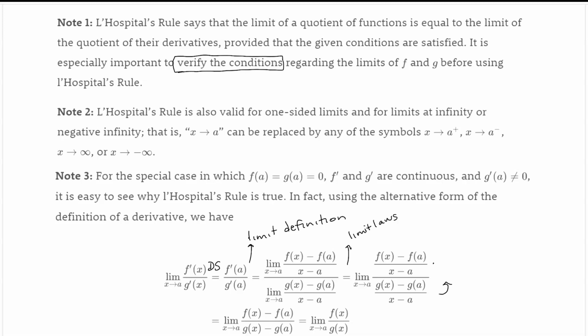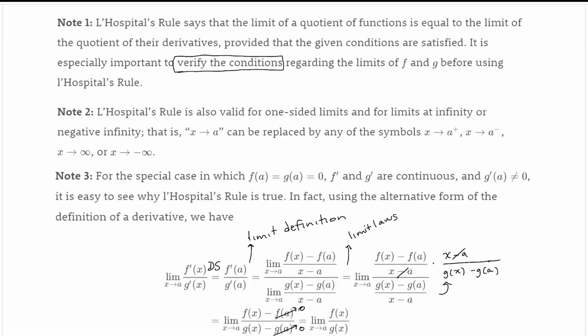And then they're doing some algebra, and saying dividing by g of x minus g of a over x minus a is the same as multiplying by its reciprocal. So dividing by a fraction is the same as multiplying by its reciprocal. And then the x minus a's cancel out, and that's where they get to the next step of f of x minus f of a over g of x minus g of a.